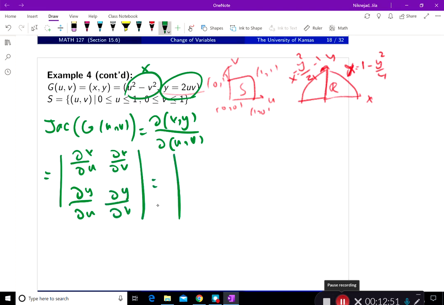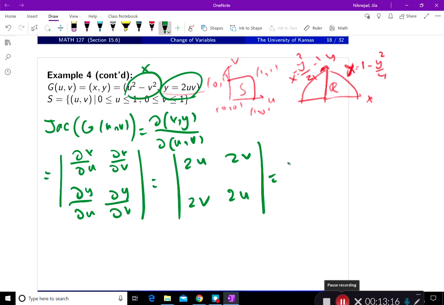And so x with respect to u is 2u, x with respect to v is 2v, and y with respect to u is negative 2v. See this one, 2v is the constant, and then y with respect to v is 2u.